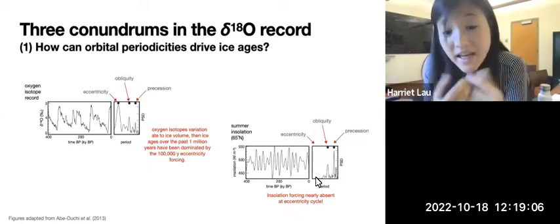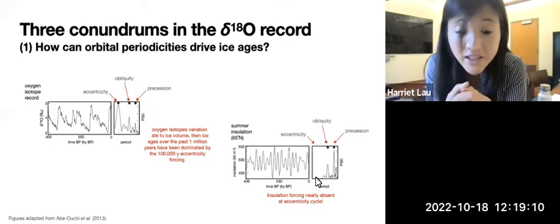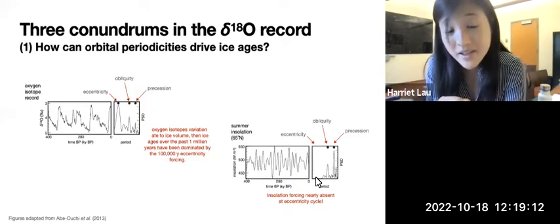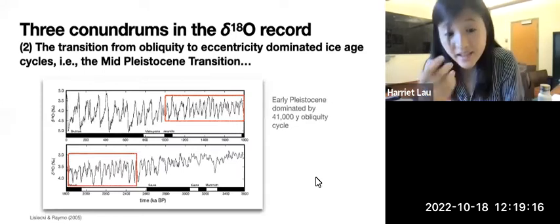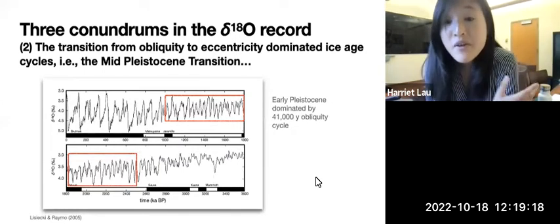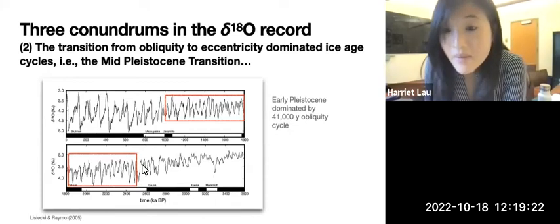While dramatic ice ages seem to be paced at the eccentricity period, the Milankovitch cycles show the least power at this periodicity. And so the second conundrum is that going further back into the early Pleistocene, this was actually dominated by the 40,000 year obliquity cycle.